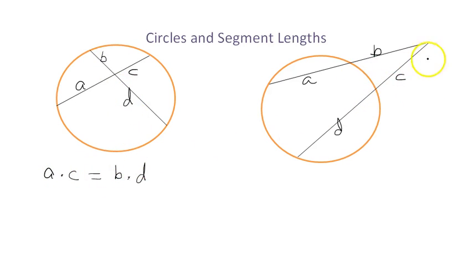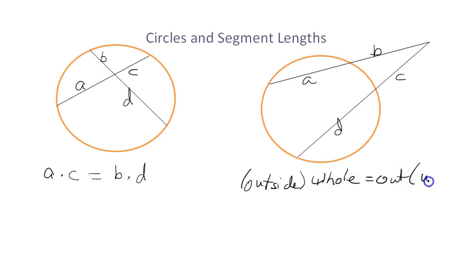In this other situation where the angle was outside of the circle, the equation's a little bit different, and I don't know that you'll find this in the book, but I teach it as outside times whole equals outside times whole.